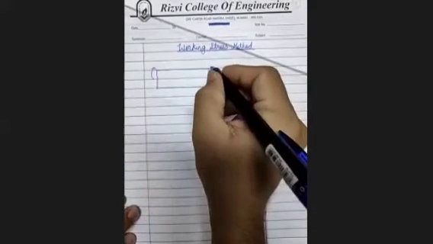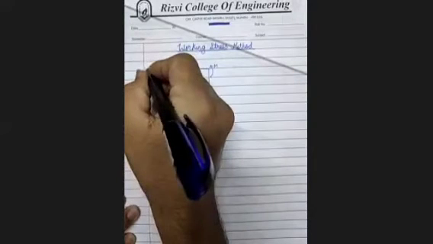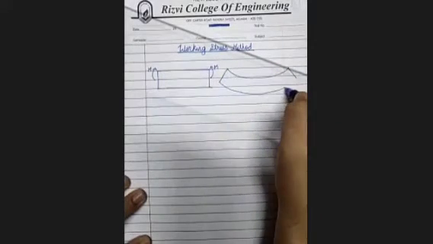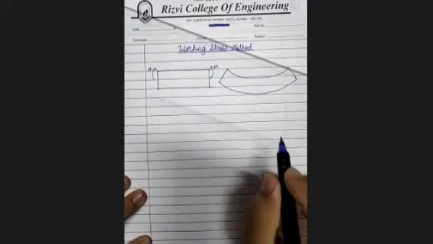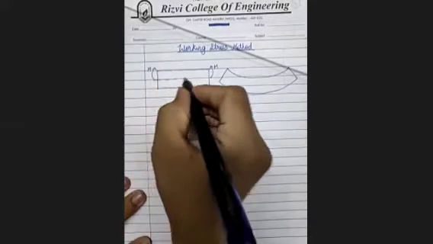Suppose it is bending like this, and after bending, suppose this is the neutral axis.